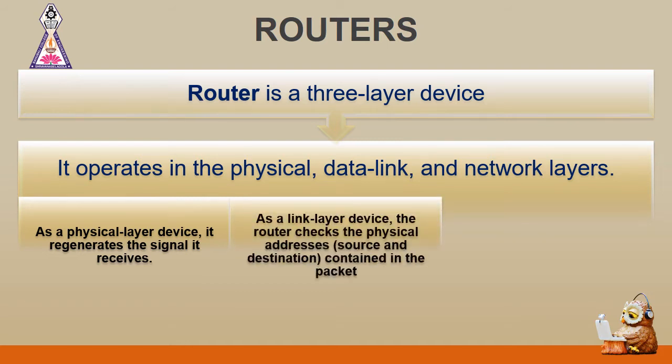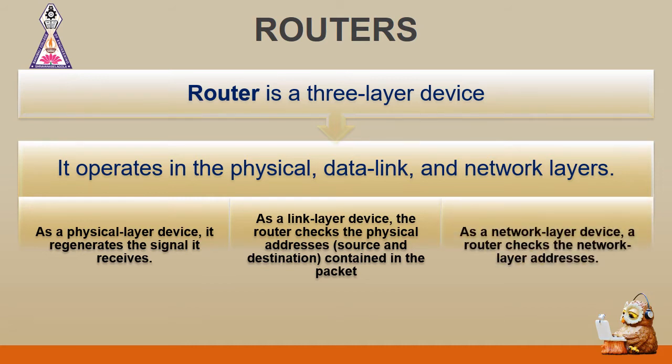When it is operating at the data link layer, it checks the physical address, in terms of either the source or the destination address present in the packet. Finally, as a network layer device, it checks the network layer addresses.